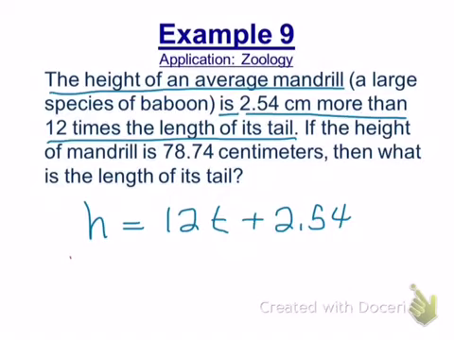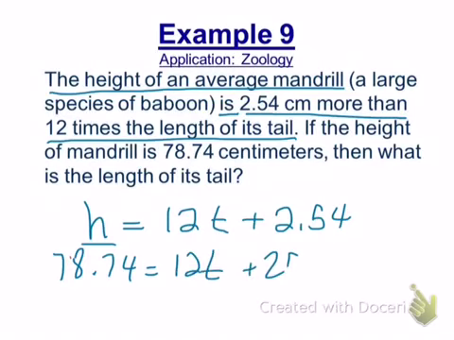Now, it says the height is 78.74, that's giving us a value that we can plug in for H right here. What is the length of its tail? We can plug it in for H and solve for T. And this, Elizabeth, may be something similar to what you told me a second ago. Yeah. 2.54.